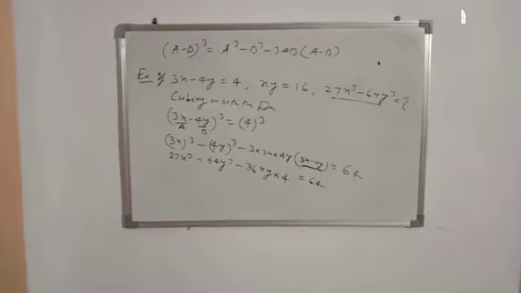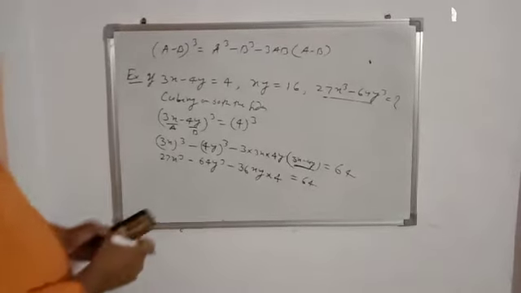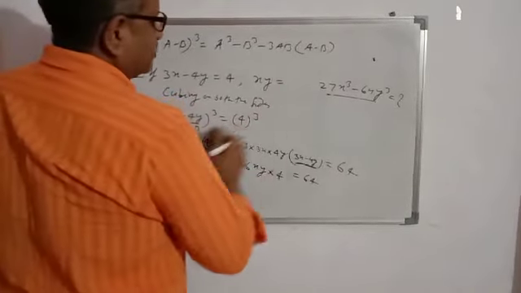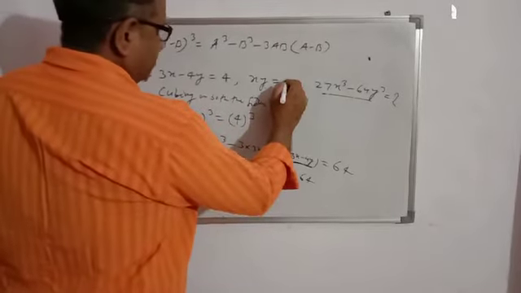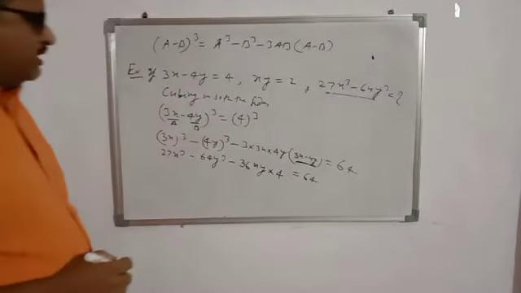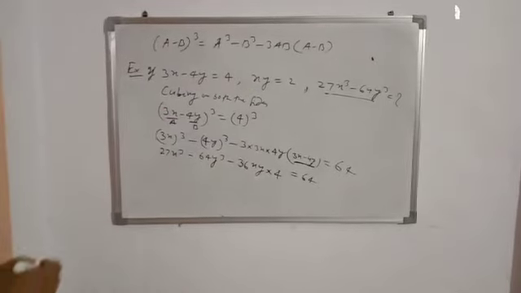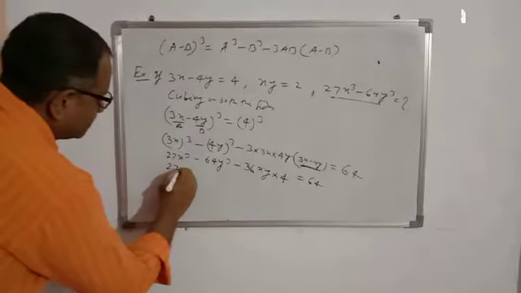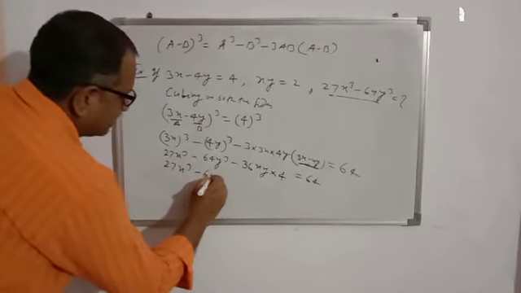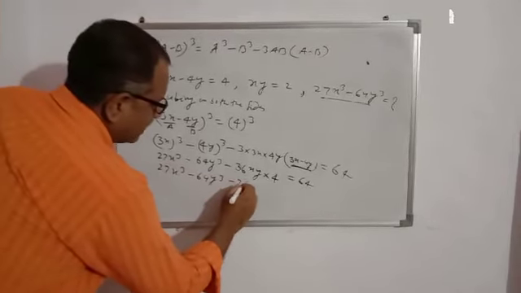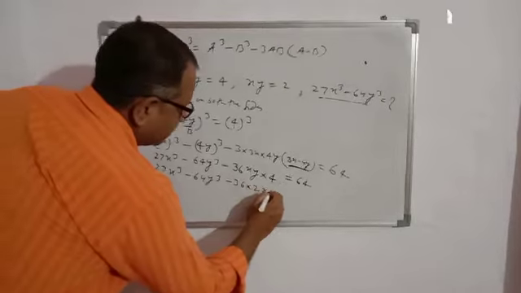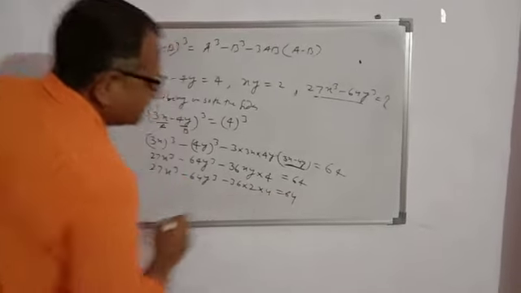Okay, so take any small value. Suppose xy is 2, so multiplication will be easier. I am taking xy is equal to 2. So 27x cube minus 64y cube minus 36 into xy, 2, into 4 is equal to 64.